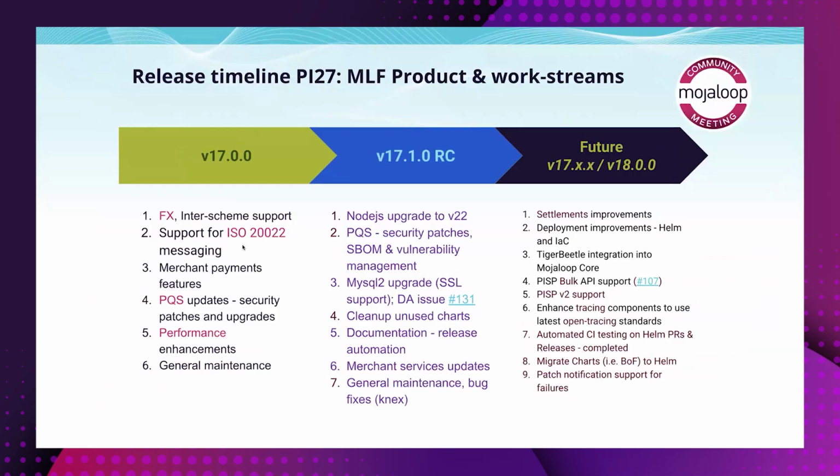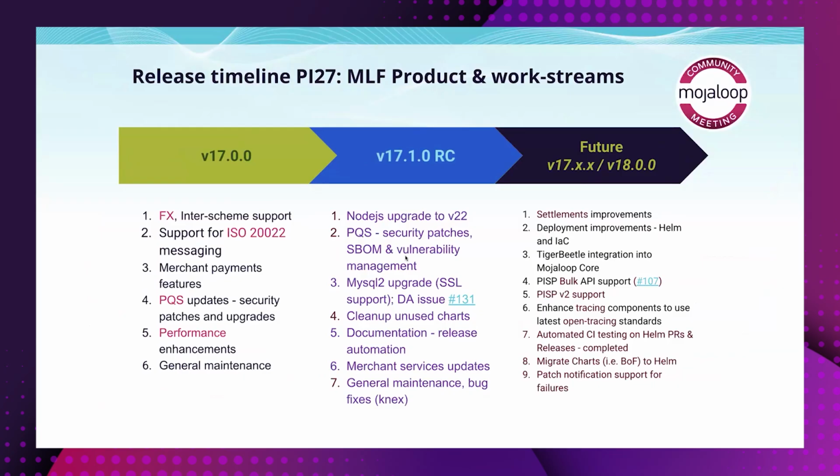But then came V17, which is the most recent one in PI 26, version 17 with FX, ISO 20022 support, and lots of platform quality and security updates, and of course, performance improvements as well. Where again, for the Mojaloop platform, we had the work stream demonstrate and publish the results where we achieved the desired baselines for Mojaloop core and overall platform.